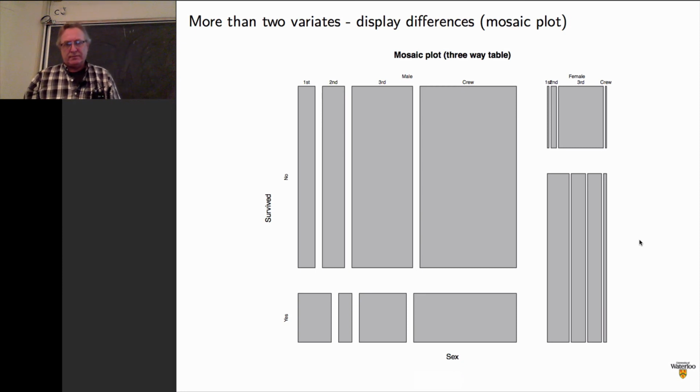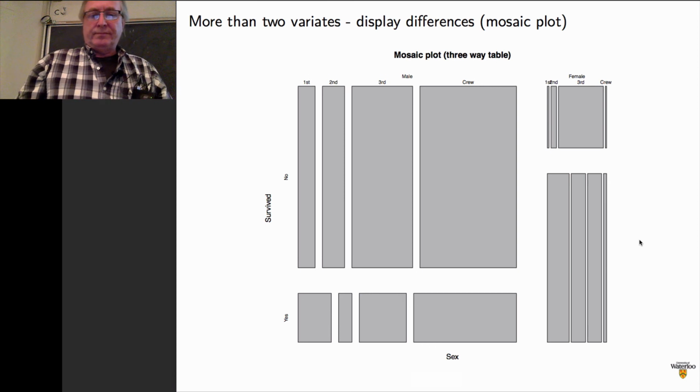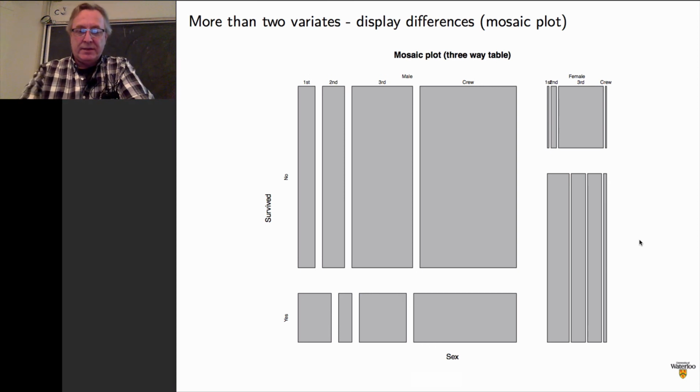Here's the Mosaic Plot. What the Mosaic Plot does that's different is, you notice that I've got survival here, sex here, and inside here I've got the class.